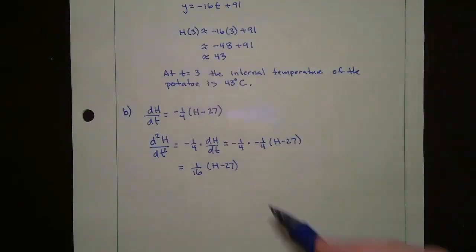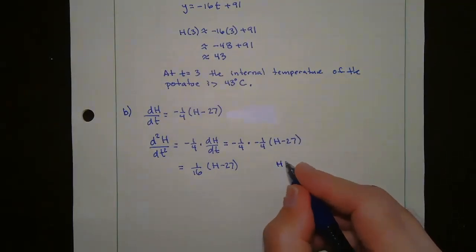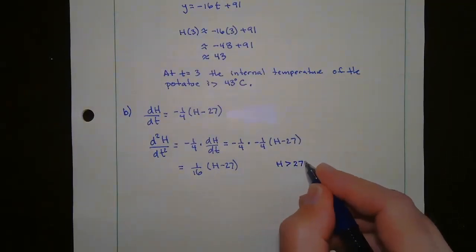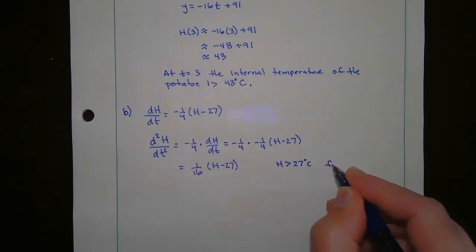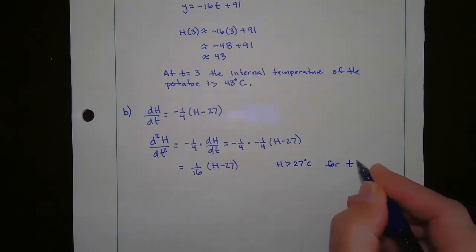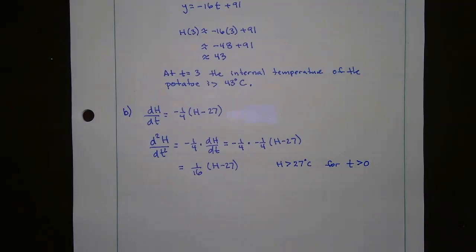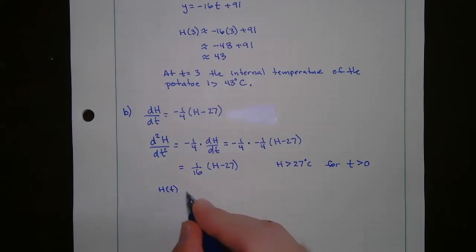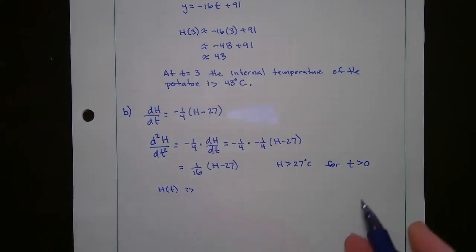What does that mean? This is always going to be positive. So on this interval, h of t is concave up because the second derivative is positive, for all t values.